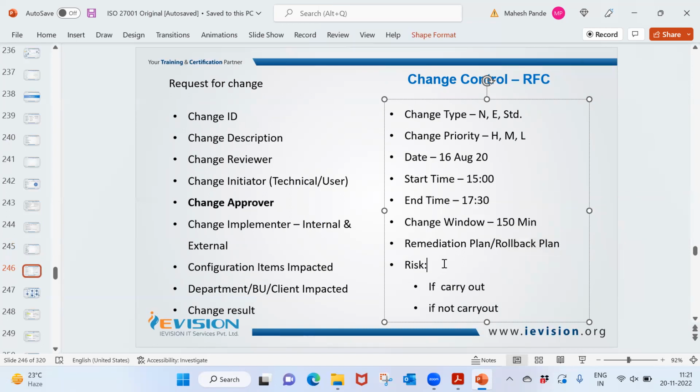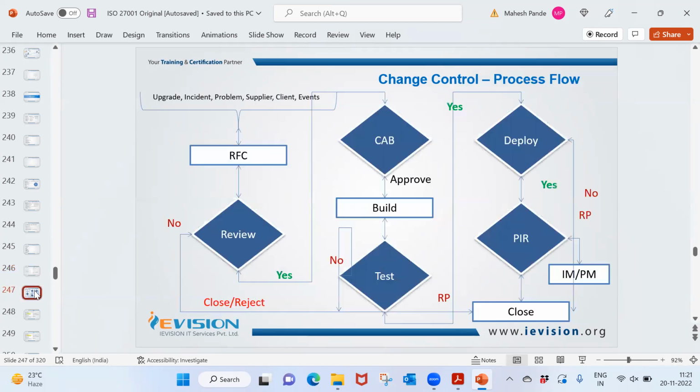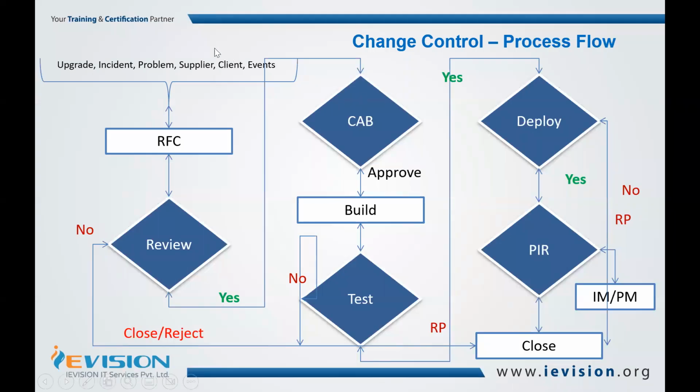An important point is what the risk to the organization will be if you do not carry it out. So you have to be very careful with this. Now, coming back to the point, the change management process flow that you have.